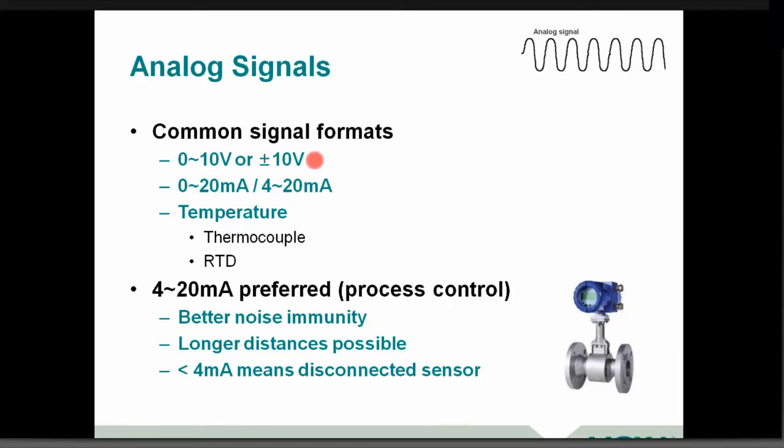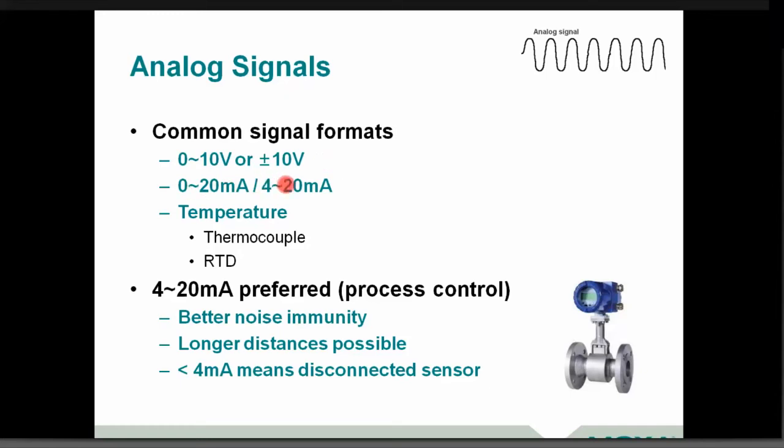This is where you might have a pressure sensor, and the pressure might range from 0 to some pressure value, where the actual output is 0 to 10 volts. This might even be things like the speed of a variable speed AC drive that's plus or minus 10 volts. So full speed forward at 60 hertz is plus 10 volts, reverse is minus 10 volts.